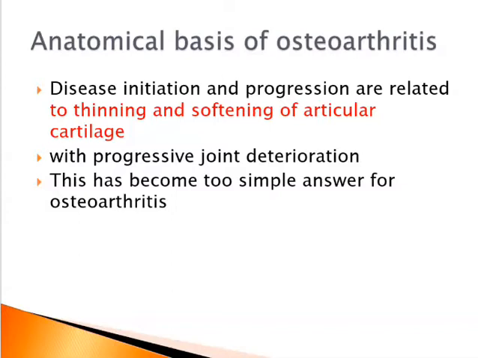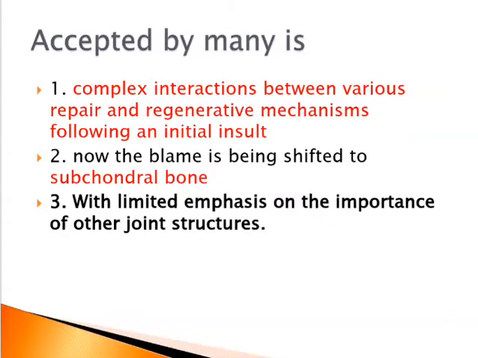If this is the explanation, it becomes too simple an answer for osteoarthritis. So it is accepted by many that there is complex interaction between various repair and regenerative mechanisms following an initial damage to the cartilage of the knee joint.